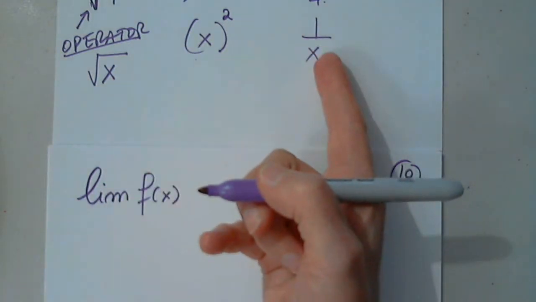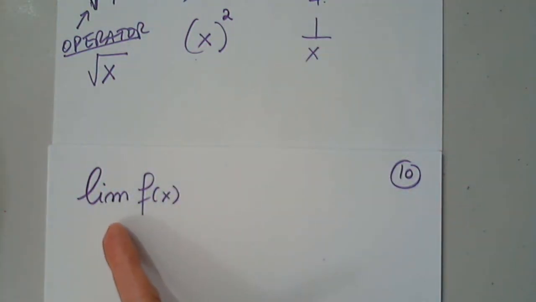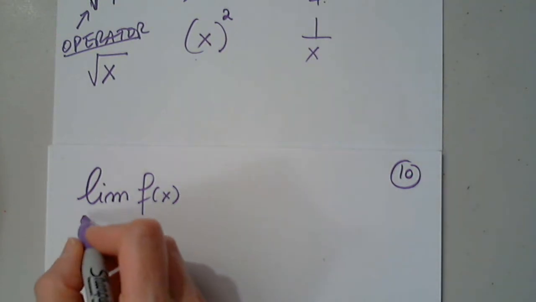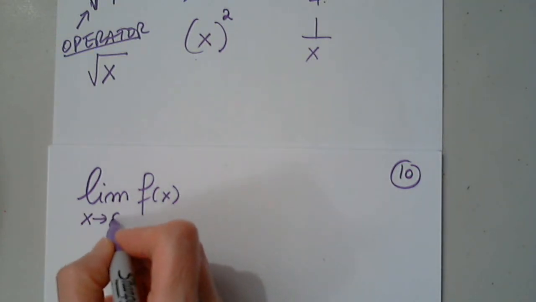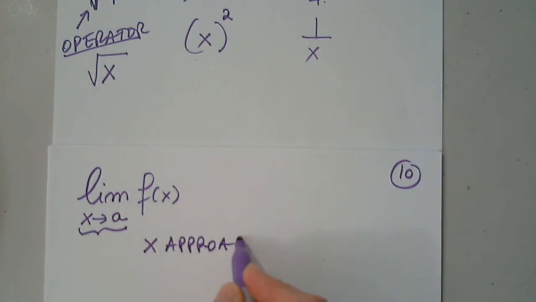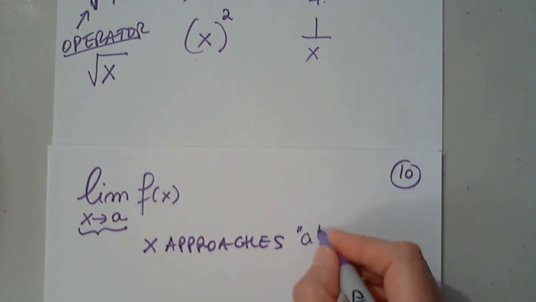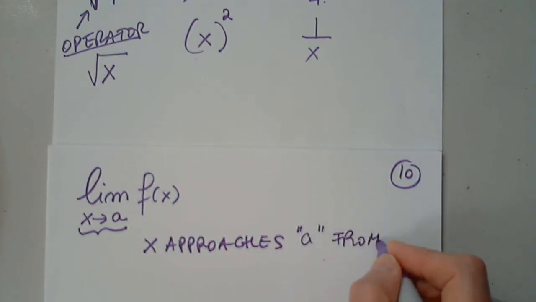This does whatever property or whatever operation. This is another operation. So it says when x approaches a number, so this symbol, x approaches a number a from either side.